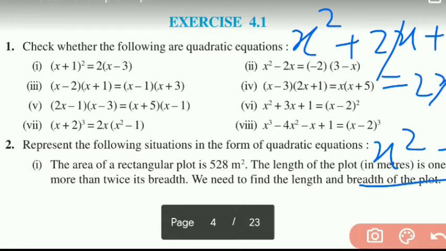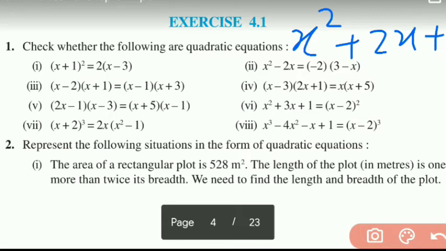Just like this one example, the third question is given to you. You can see the third question: (x - 2)(x + 1) = (x - 1)(x + 3).